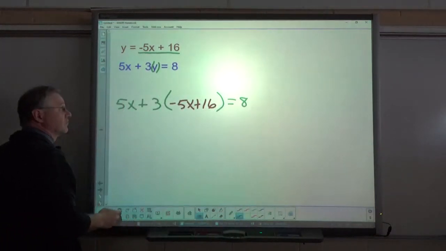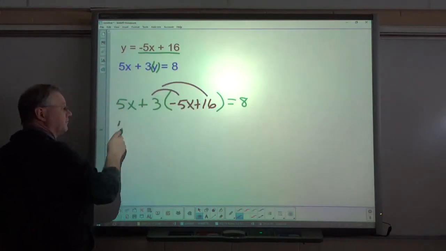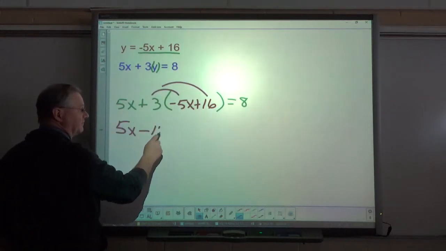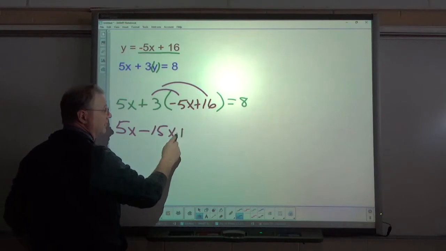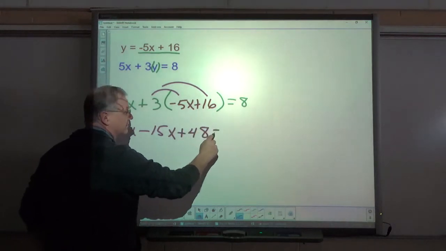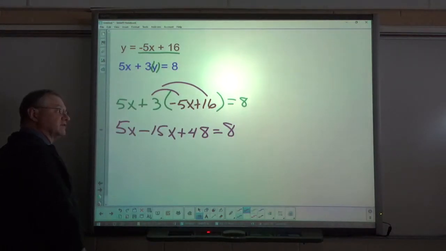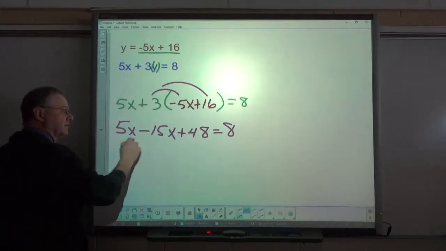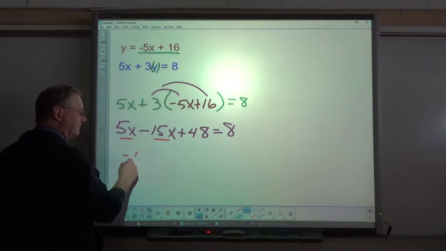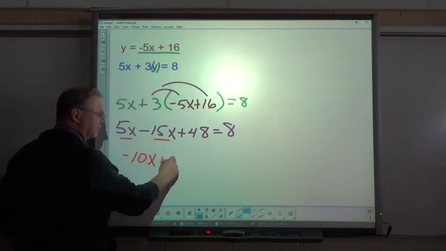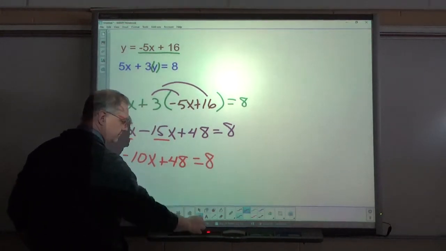So I'm going to distribute the 3. 5x minus 15x plus 48 equals 8. I'm going to combine like terms on the same side of the equal sign. So that would be negative 10x plus 48 equals 8.